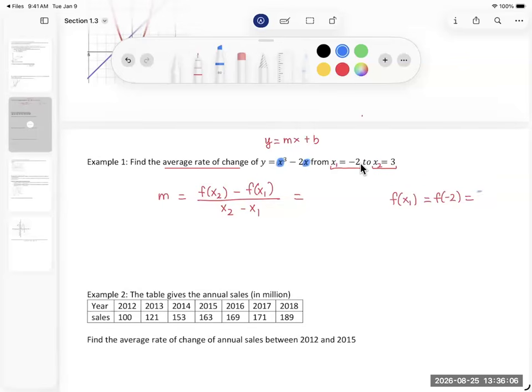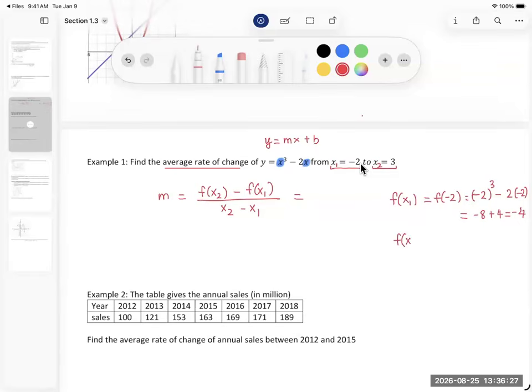So I need the parenthesis, and then I will have -2 to the power 3 minus 2 times -2. And then -2 to the power 3 is -8 plus 4, which is -4. So I have f of -2 is -4.